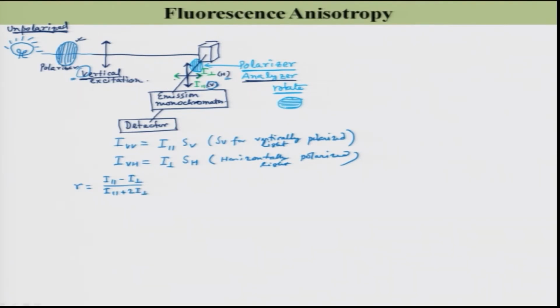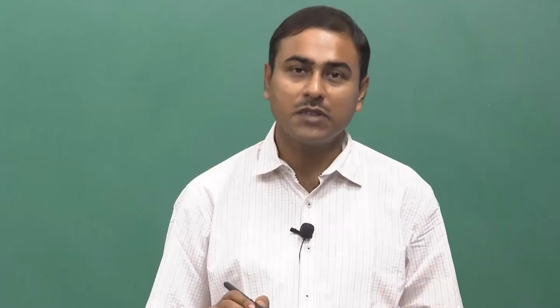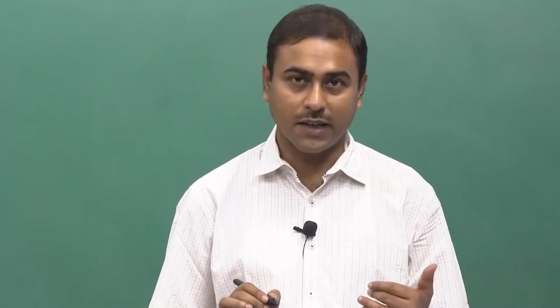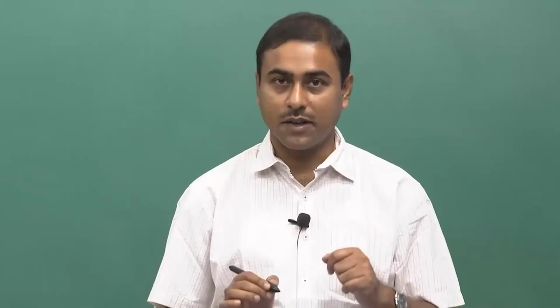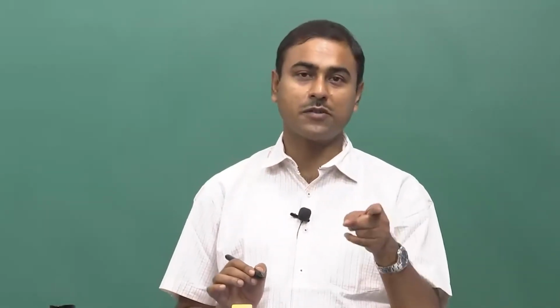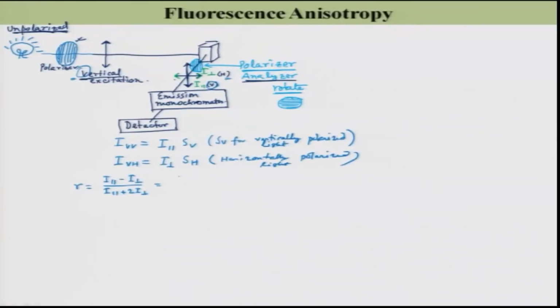But in the detector you are not measuring this, you are measuring I VV and I VH. I VV is related to I parallel when I parallel is multiplied by SV, and I VH is related to I perpendicular when I perpendicular is multiplied by SH. So I will write this as I VV by SV minus I VH by SH, right.